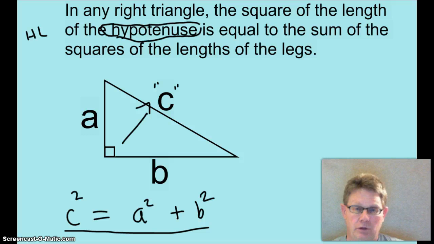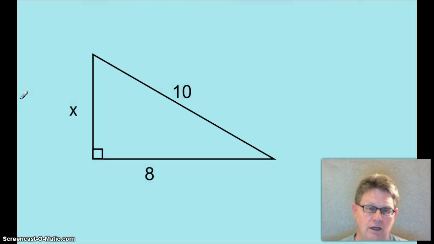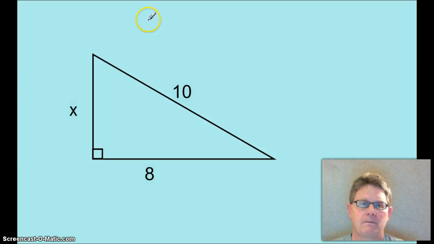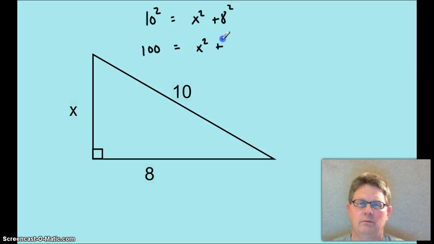So let's go ahead and put the Pythagorean theorem into practice. Are you ready? I should hope so. Your equation is hypotenuse squared, 10 squared equals x squared plus 8 squared. 10 squared, 10 times 10. 8 squared, 64.